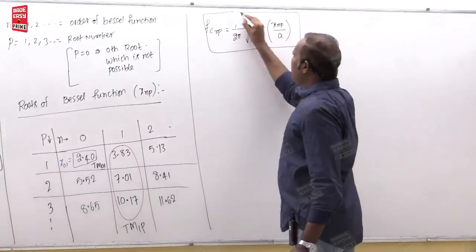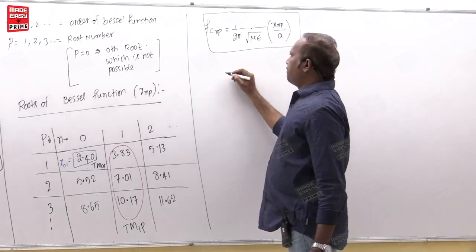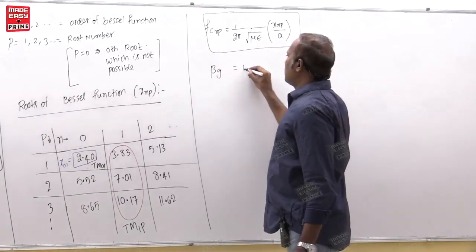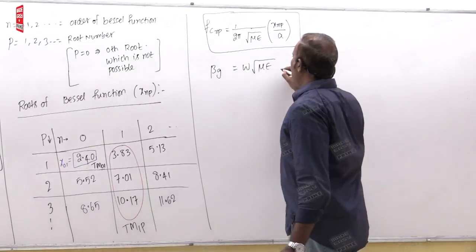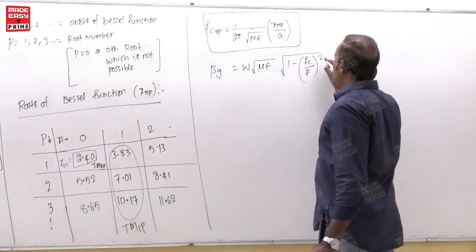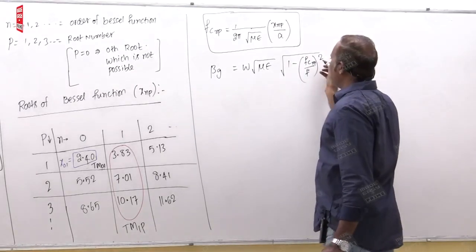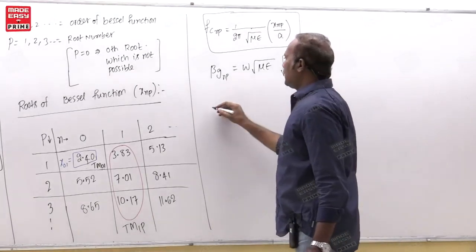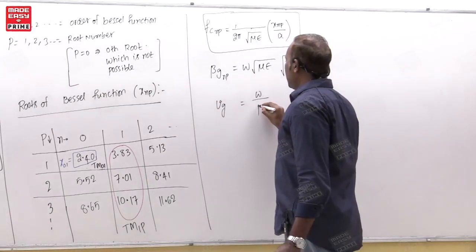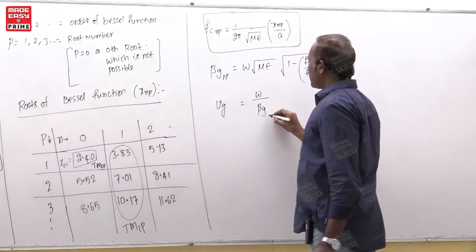Then students, what else? Other things will be coming in the sequence. Beta G is equal to omega root mu epsilon root of 1 minus FC by F whole square. If you put NP here, FC NP, here also NP. Then VG is equal to omega by beta G, same as the previous one.